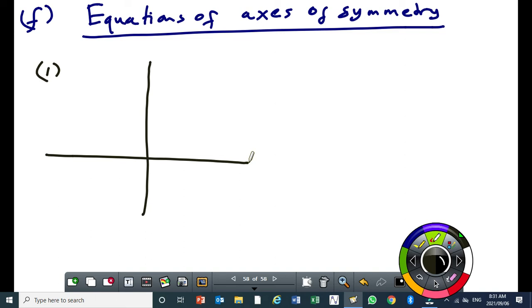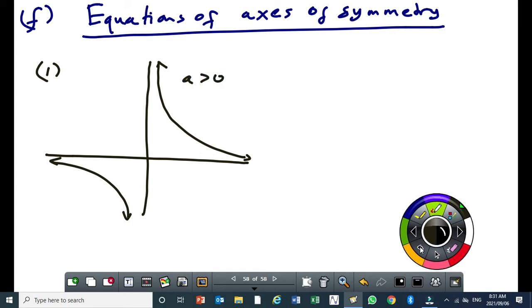If it's positive, then we sketch it in the first quadrant and the third quadrant. So I'm sketching here for the case where a is positive. Now, the equations of the asymptotes are straight lines. They pass through the origin.